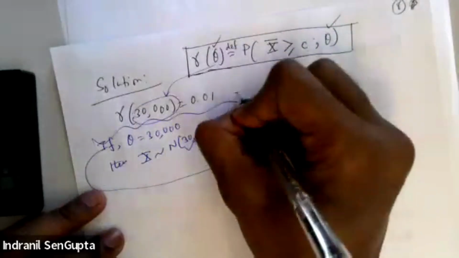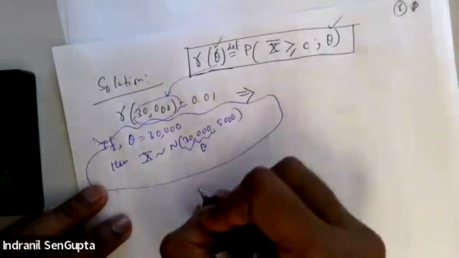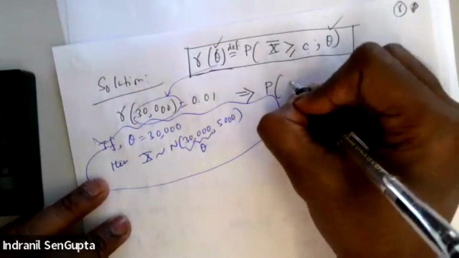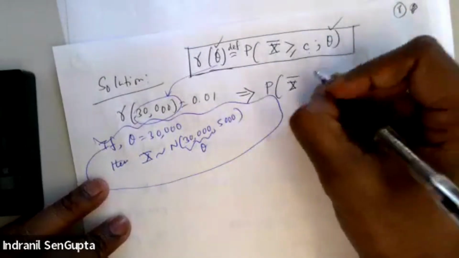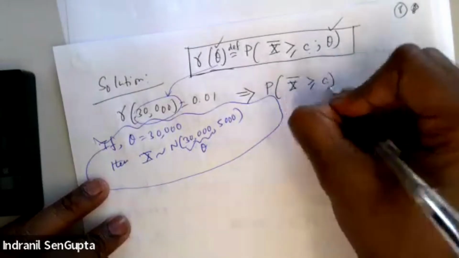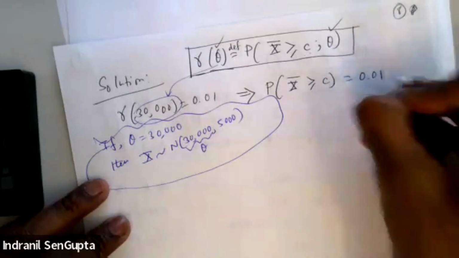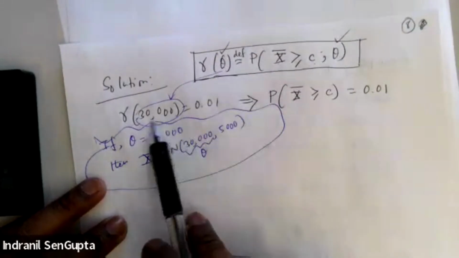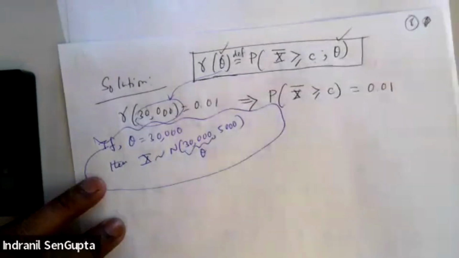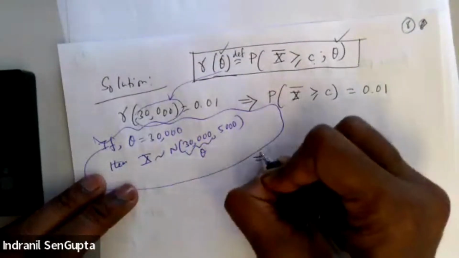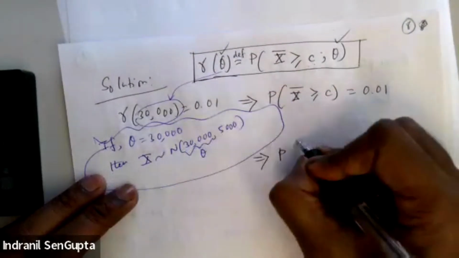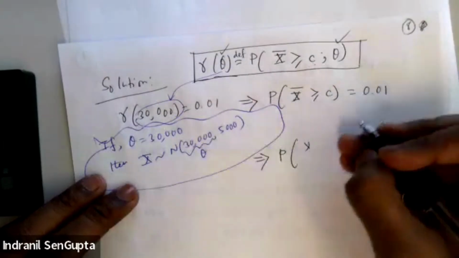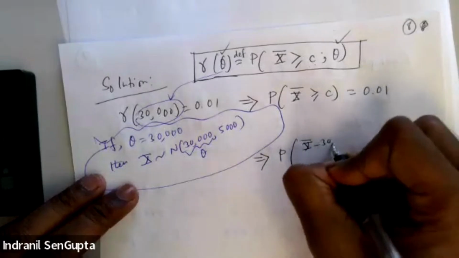Now let's spell this one out. What does it mean? It means again the probability of x bar more than certain c is 0.01, by definition, with the value of theta 30,000. So under this condition, we know that the expected value is 30,000, so I can subtract 30,000.